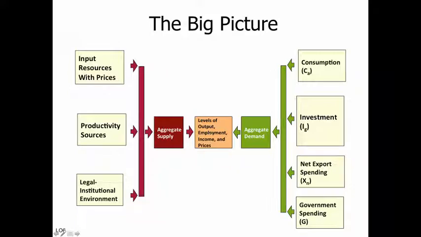Then we have the demand side of the market, which is the side that we really spent more time talking about, C, I, G, and XN, that drives the aggregate demand side. And there we have this equilibrium condition that sets the level of output in the economy, employment, therefore income, and also prices. So this course of macroeconomics and macroeconomic policy is really designed to show us both sides here.